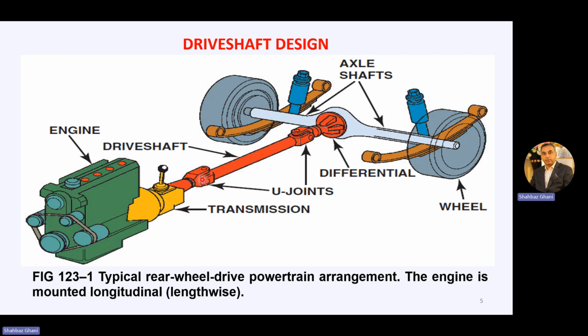There are two U-joints, one on the front end and one on the rear end. And this propeller shaft is joined at one end to the transmission, and the second end to the differential. And from that differential, the power goes to the axle shaft and then to the wheels.